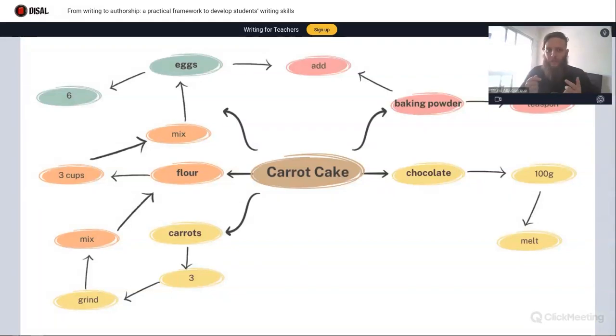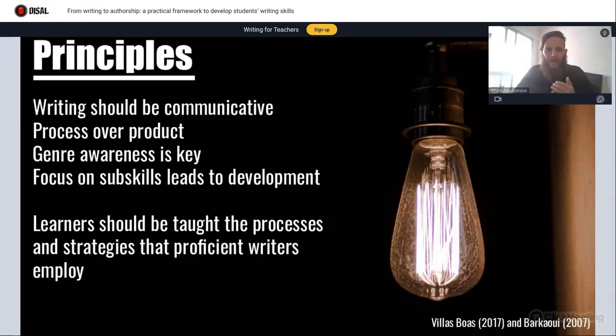Because if you write in a genre that everybody can recognize, part of your idea, part of your communicative purpose is already conveyed. Part of the communication is already ongoing, right?